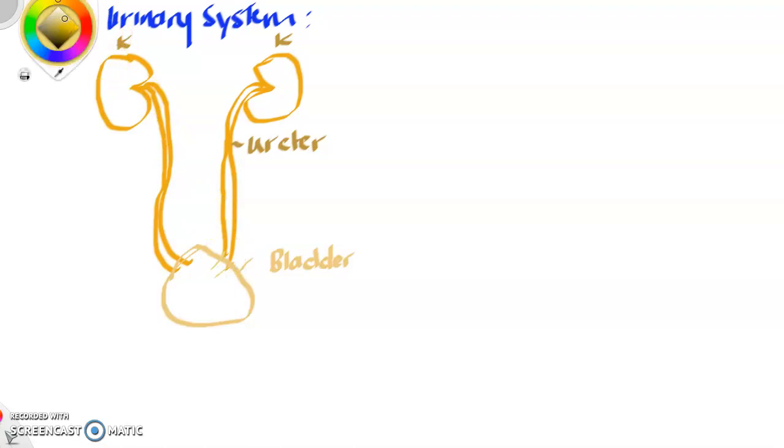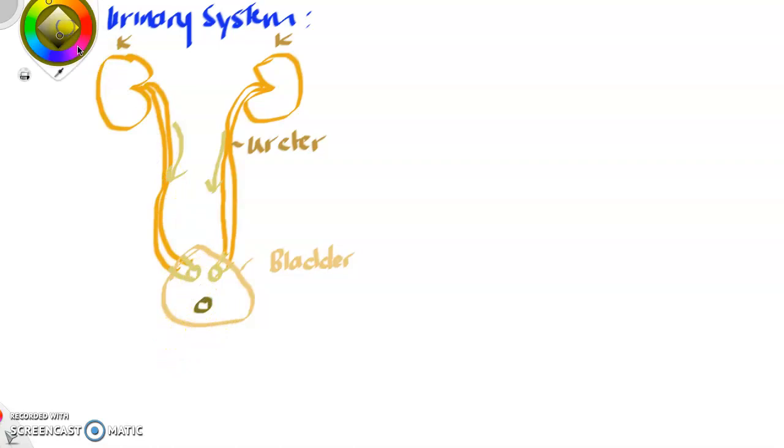So they go in the back into these little holes into the back of the bladder. So those are sort of the entrance holes. Of course, urine is flowing in this direction down to the bladder. And then there's another hole for the exit.